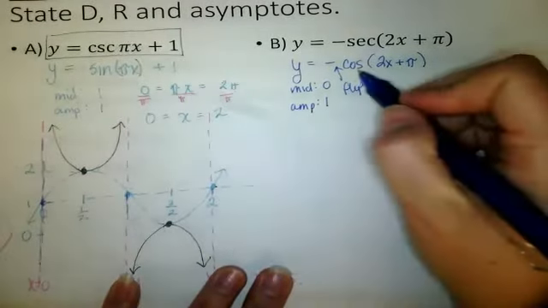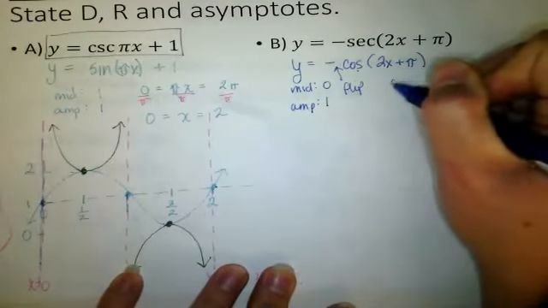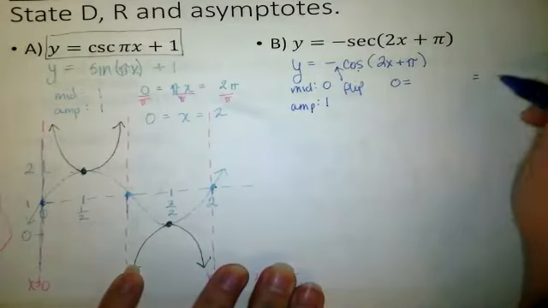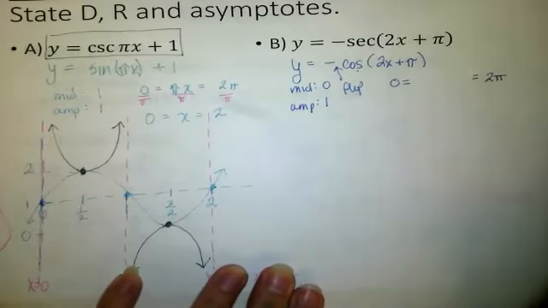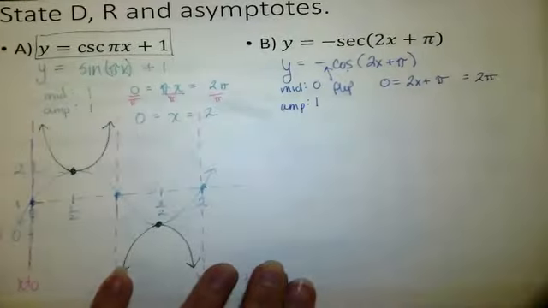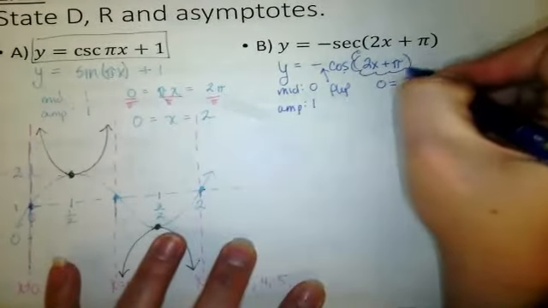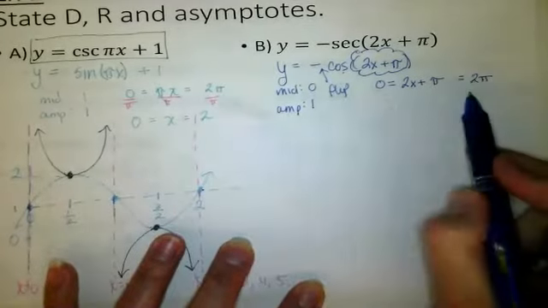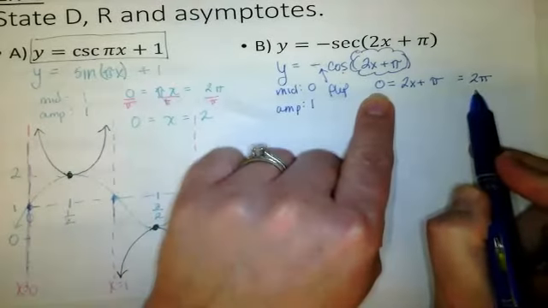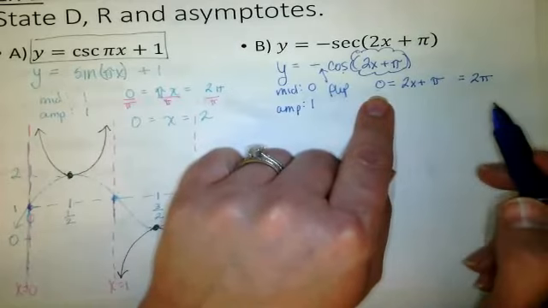Our cosine usually starts at 0 and ends at 2 pi. All this stuff inside with x causes changes to the starting and ending point. So we need to figure out what happens. What should we do to solve for x?